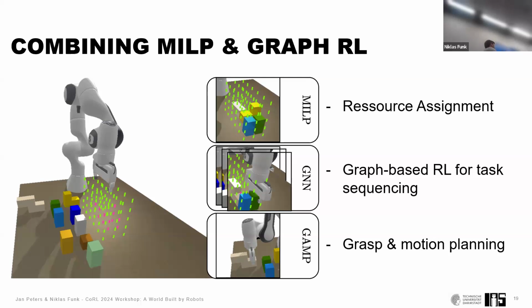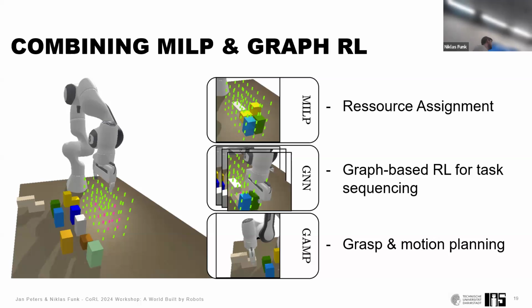For these additional constraints on the intermediate level, we have again this graph-based reinforcement learning framework that is similar to the one that I've presented before. However, now this framework benefits from the higher level in that it doesn't need to explore all of the action space, but can focus on the outcome of the mixed integer optimization.